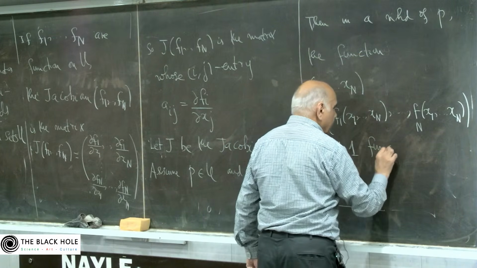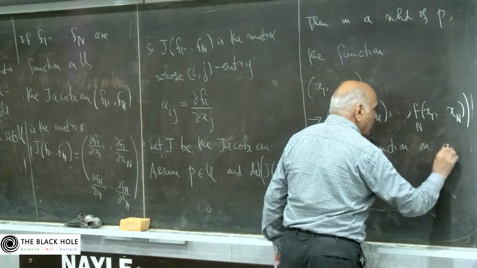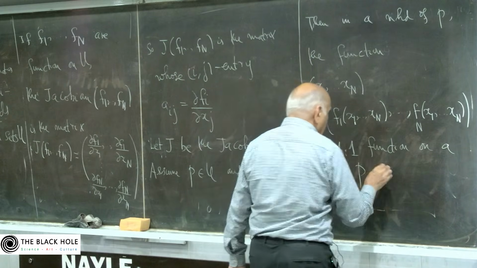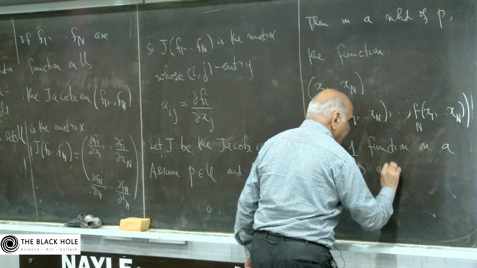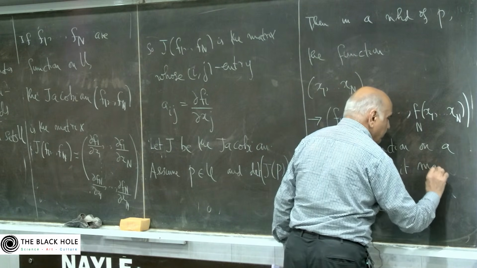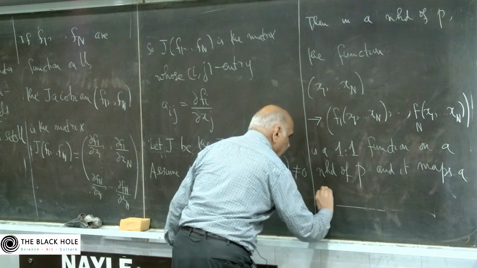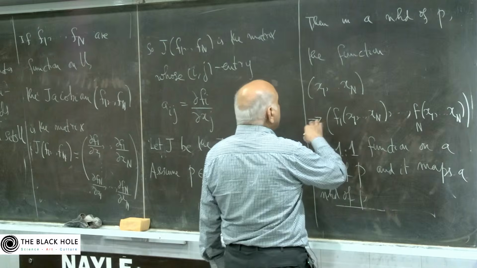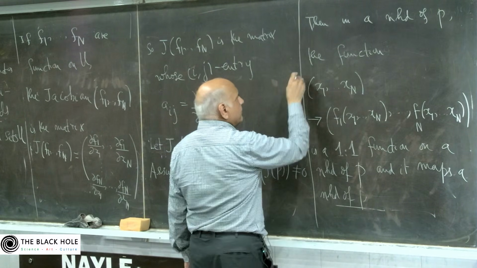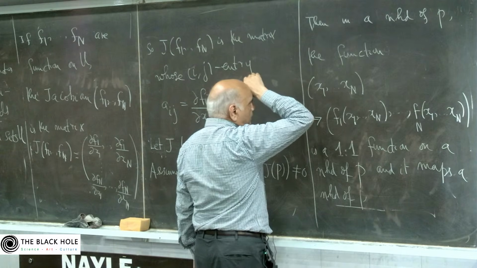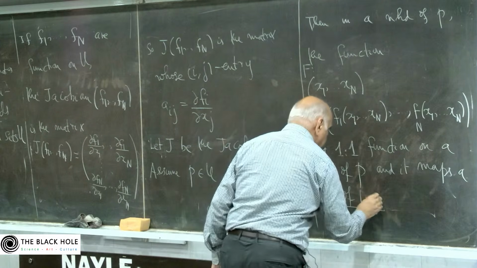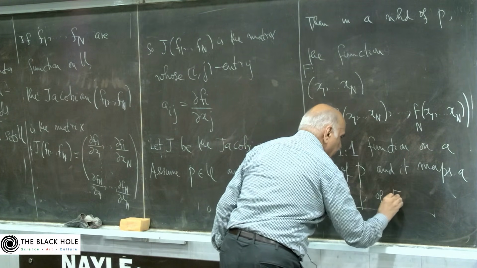It is a one-to-one function on a neighborhood of P, and it maps a neighborhood of P to a neighborhood of, let's give this the name capital F, a neighborhood of F(P).